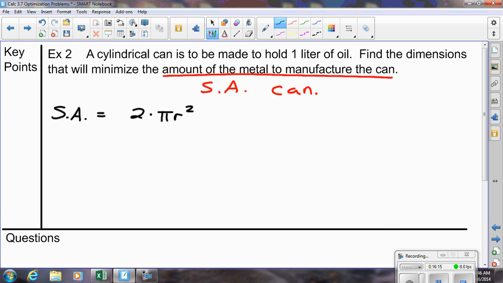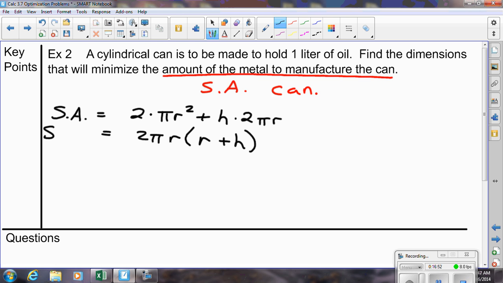And then we would have to have the height of the can multiplied by the circumference for the lateral area, which is 2 pi r. And so we wind up with this formula. I'm sorry, this is supposed to be an addition. So basically, we can factor out a 2 pi r, and a common formula that gets used for the surface area of a cylinder is that. Whether you build the formula or look it up, somehow you've got to figure out we need surface area of a can.